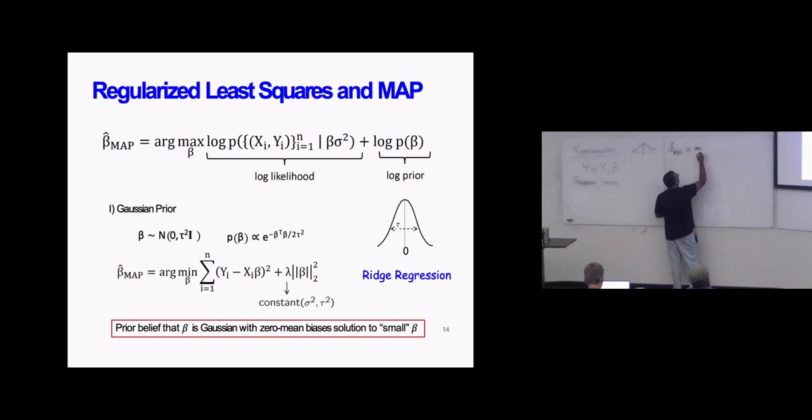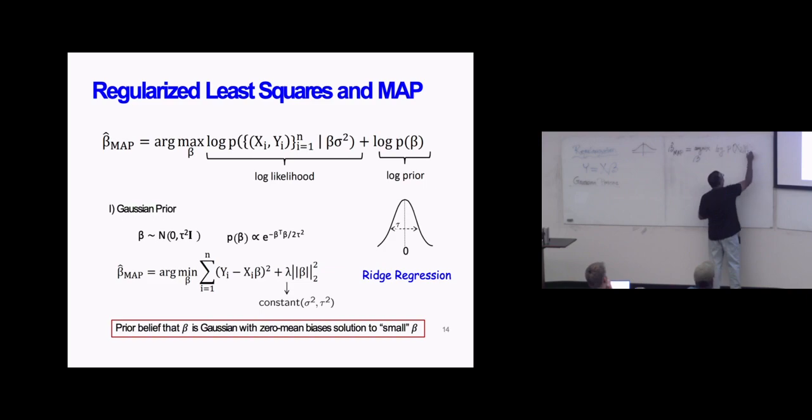So we are going to take an argmax over beta that maximizes the log likelihood, probability of xi, yi, for i equals 1 to n, given beta and sigma square, plus log of probability of beta.